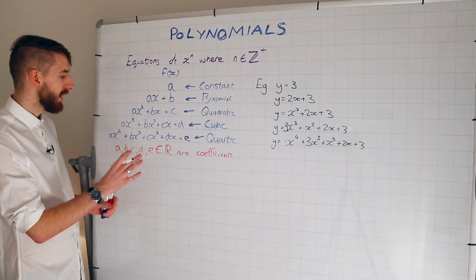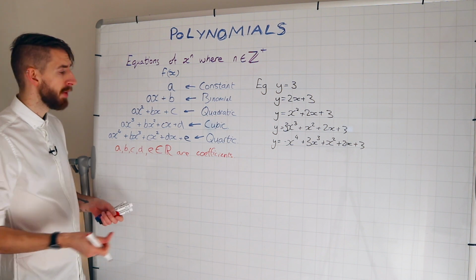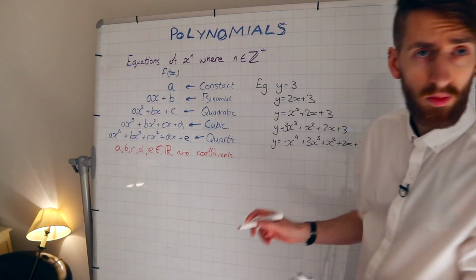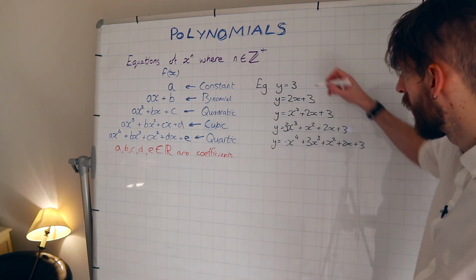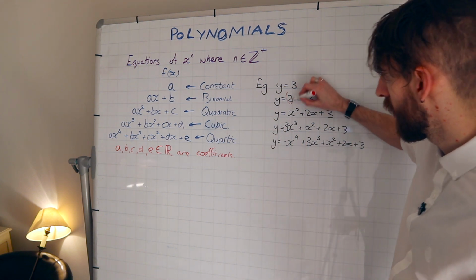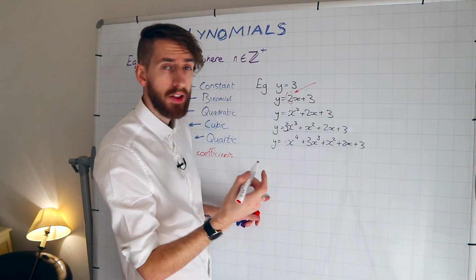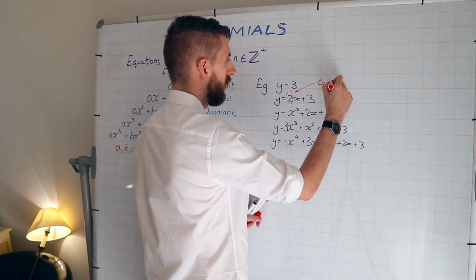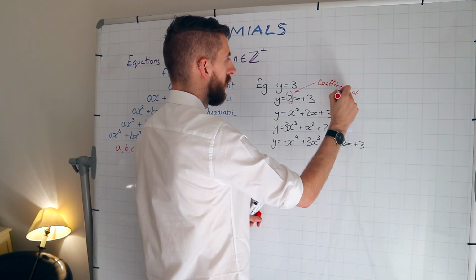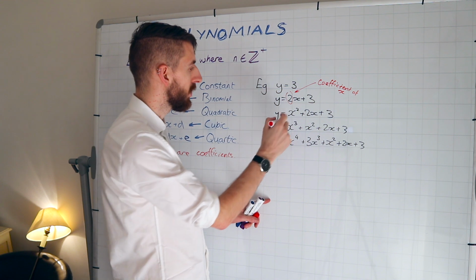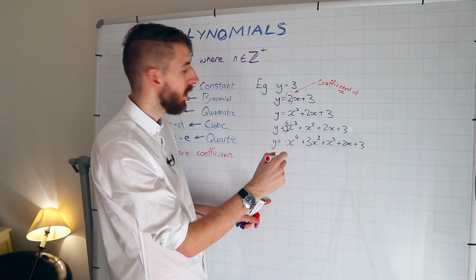So we can write that as a little thing. A, B, C, D, and E, they're all real numbers. They're just the coefficients. So we could look at this one, right over this side now, coefficient of x is 2. If we look down to our cubic, the coefficient of x cubed, that's a 3.